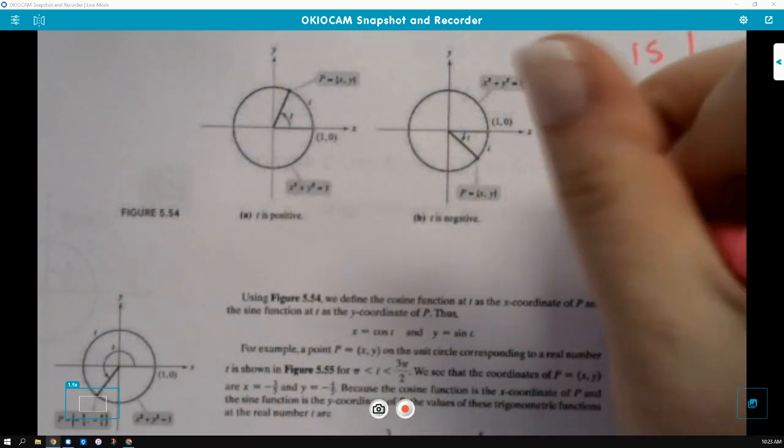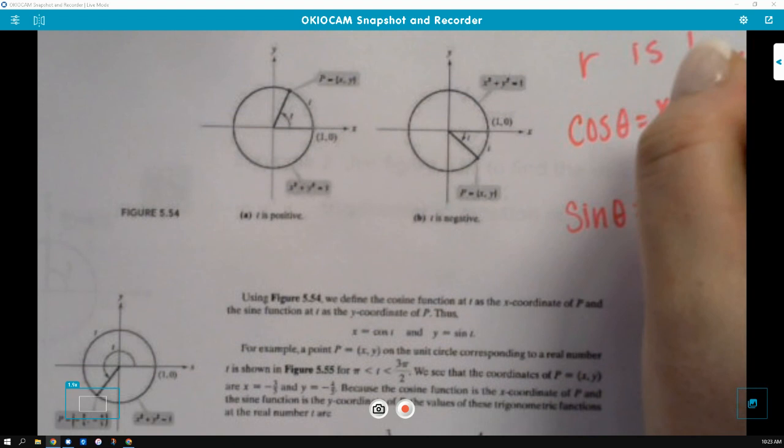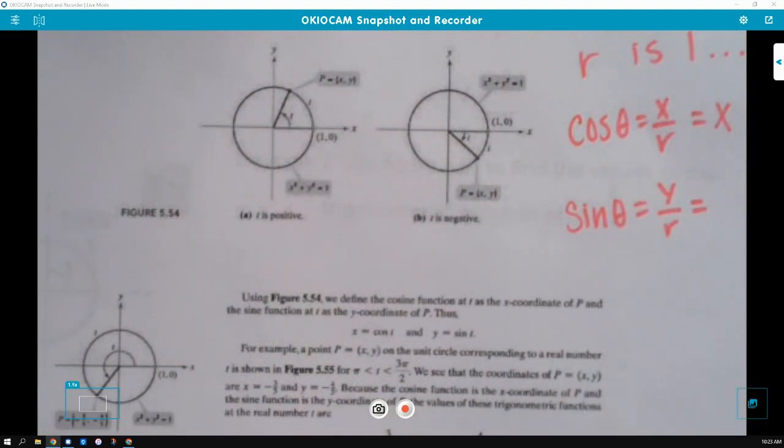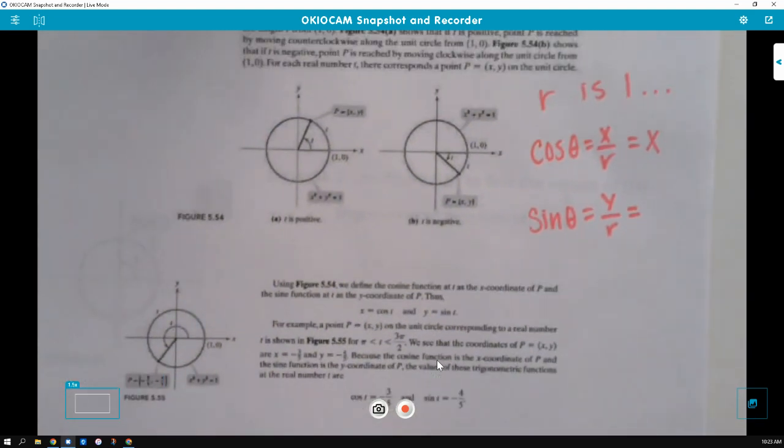Sine of theta, we used to define as y over r. I'm still able to define it as y over r, but now that we know r is always going to be 1, sine of theta is just y. So that's what we're using today, basically the exact same functions we've had, but now r is always 1.